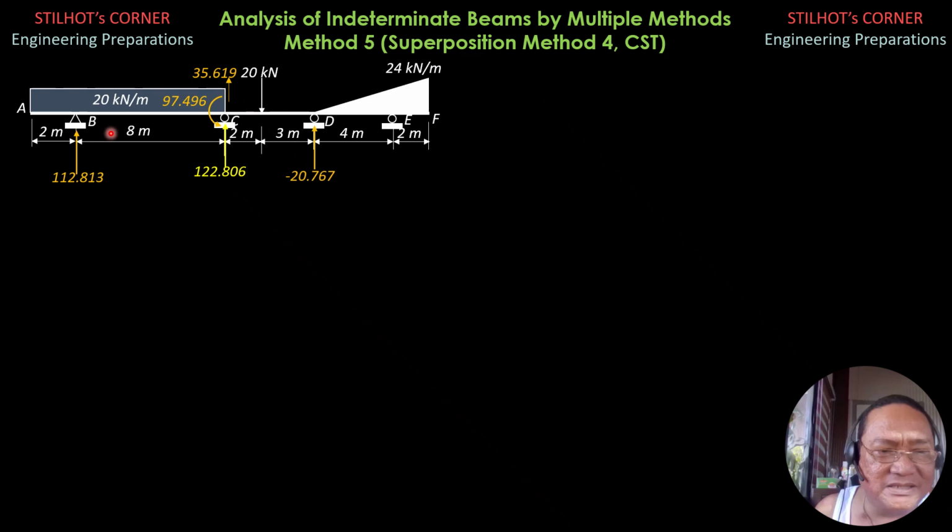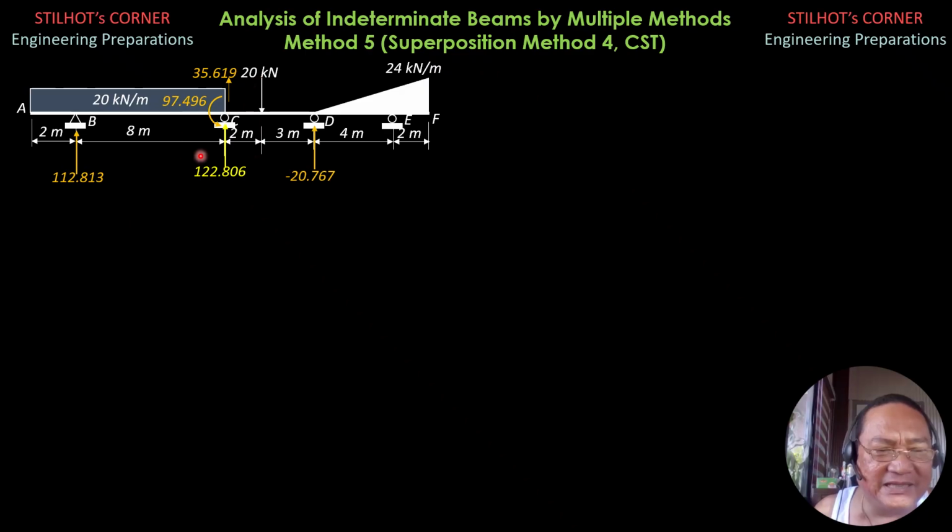Then for the moment at C, just to the right, you just sum up moments here and show that it is counterclockwise 97.496. So it may be 20 times 10 times 5 minus 112.813 times 8. So for moment CB, positive counterclockwise, so moment CB plus 20 times 10 times 5 minus 112.813.